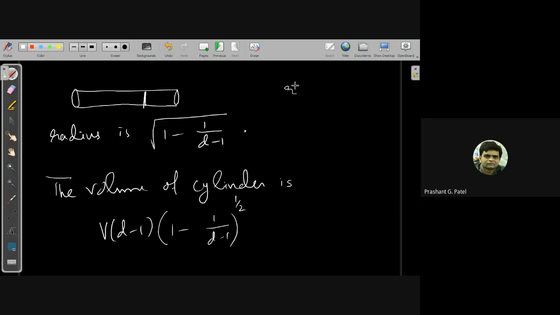If you talk about a three-dimensional cylinder, then the volume is pi r square h. So the square is because it is a three-dimensional space. So it is d minus 1 here, so you will have power d minus 1, into h, the height. The height is 1 upon square root of d minus 1.